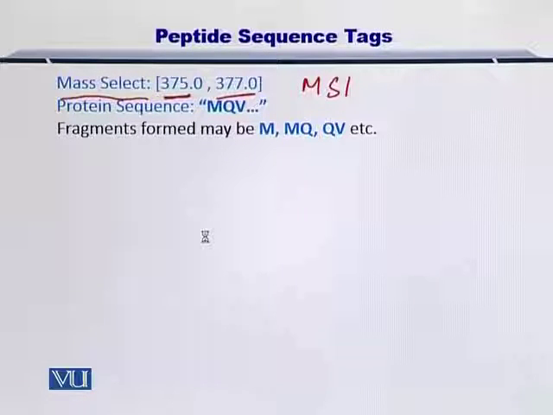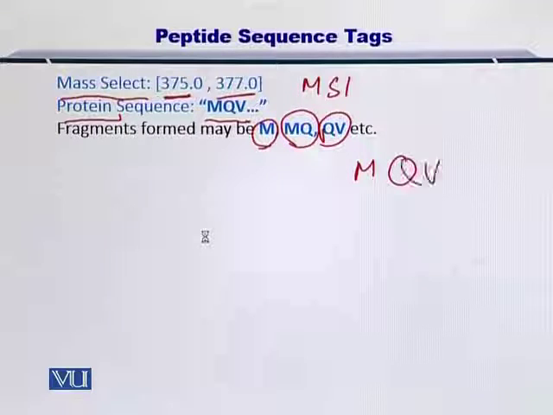So, if the initial sequence of the protein was something like MQV and you manage to fragment it after MS1, that is in MS2, you can have fragments of the protein like this. Of course, these fragments can come if you cleave the protein here or if you fragment the protein like this.